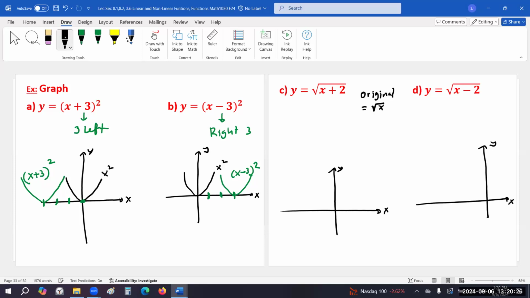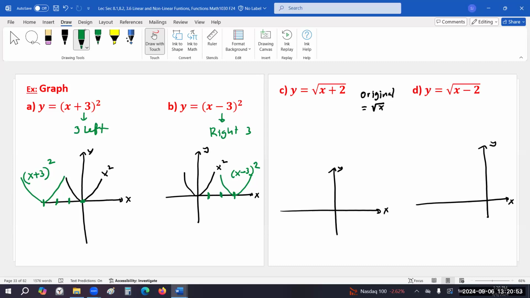I didn't know if it was horizontal or vertical. If you have a number inside the original function, it's horizontal. See here, our original function is x squared, but now we have x plus 3 and then the square. See the number inside the original function.